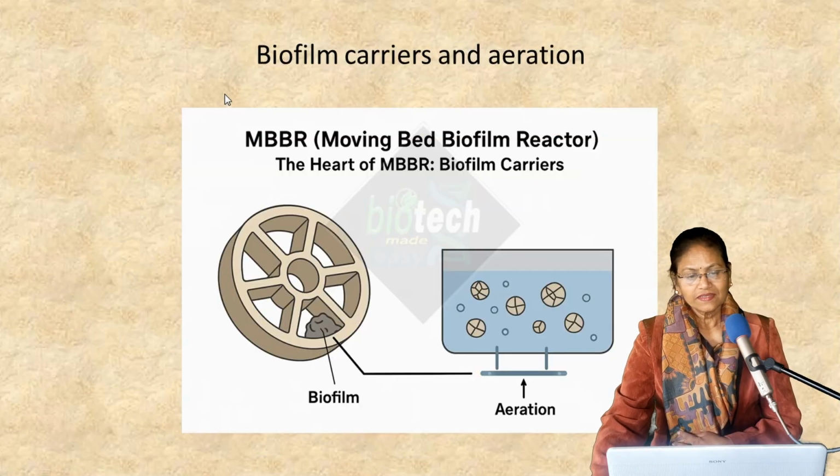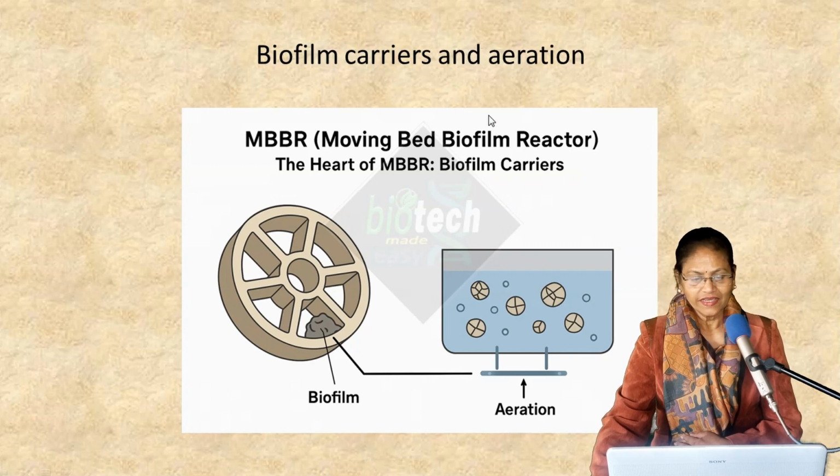This diagram shows the biofilm carriers and aeration. Here you can see the carrier, which is made up of plastic, and there is lots of inner surface where the microorganisms can grow. These areas increase the surface area for the microorganisms to grow and form the biofilm.